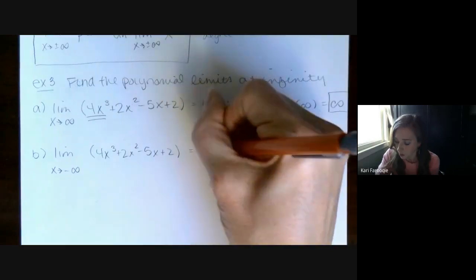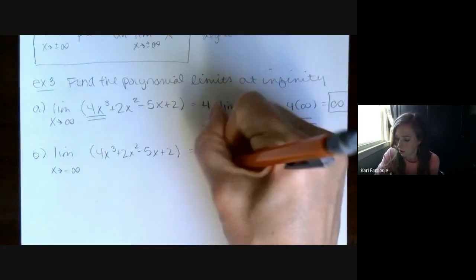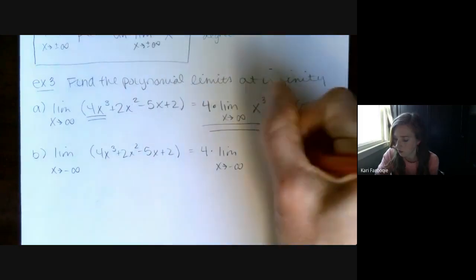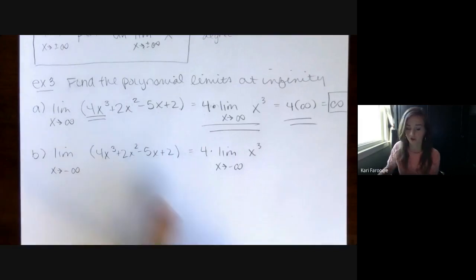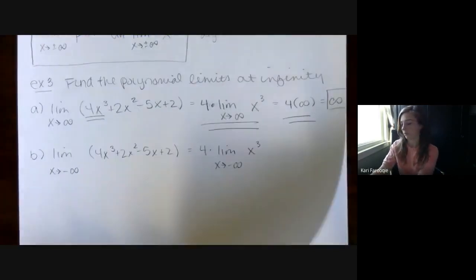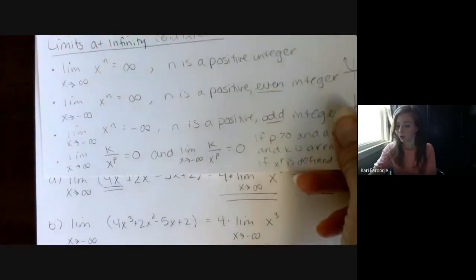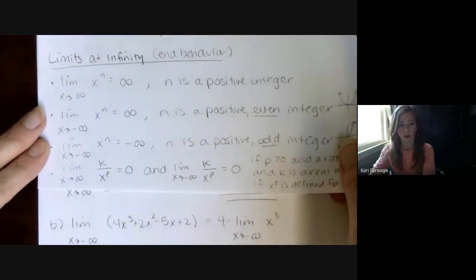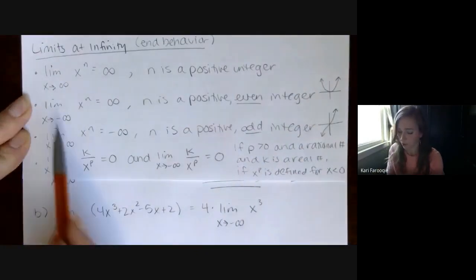I'm going to use the same process though. I'm going to take the lead coefficient out. I'm going to multiply this by the limit as x approaches negative infinity of the lead variable term, which is x cubed. You have a couple ways of doing this, but I'm going to go back and look at my properties here. We're looking at the situation where we have x approaching negative infinity.